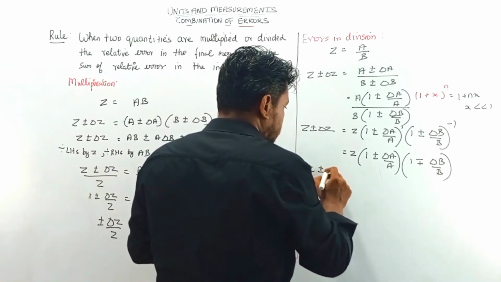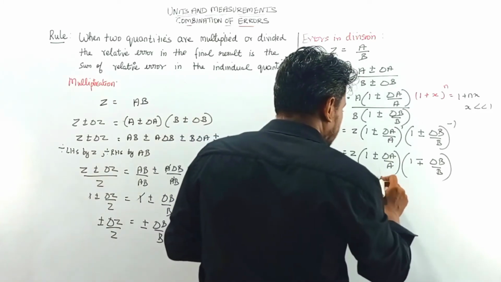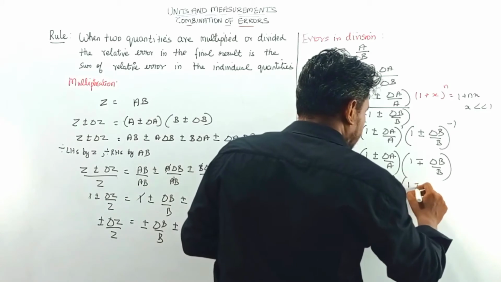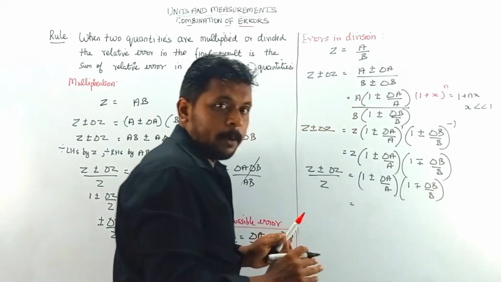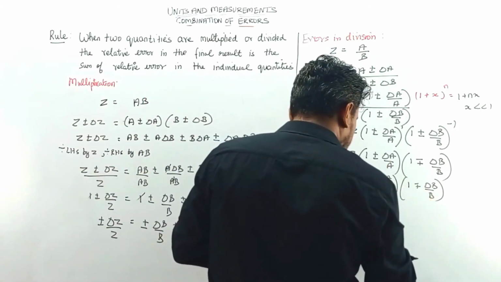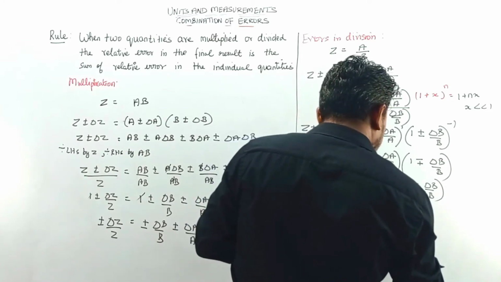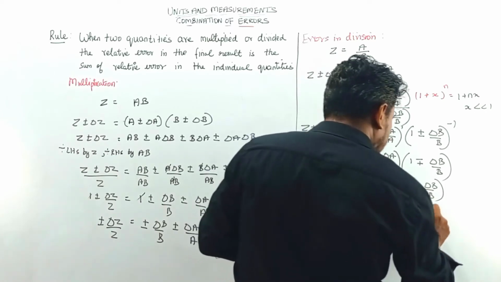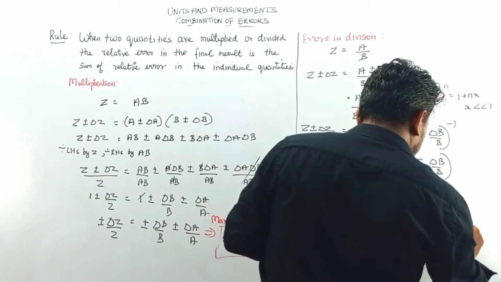So Z plus or minus delta Z by Z is equal to the remaining term, 1 minus plus delta B by B. Now I am going to multiply these two terms. So 1 plus or minus delta A by A plus or minus delta B by B, then plus or minus delta A by A delta B by B.